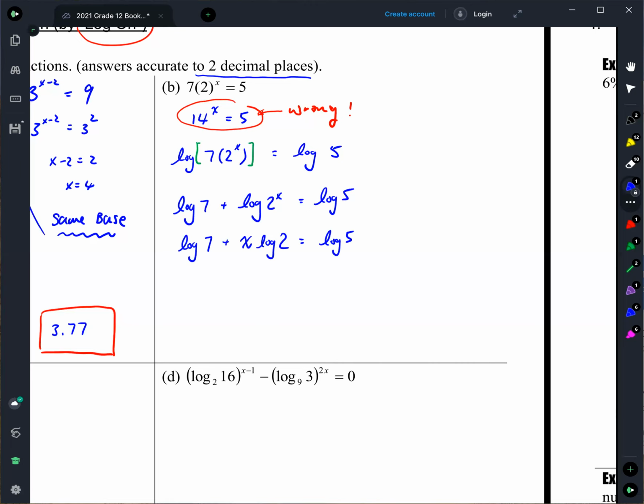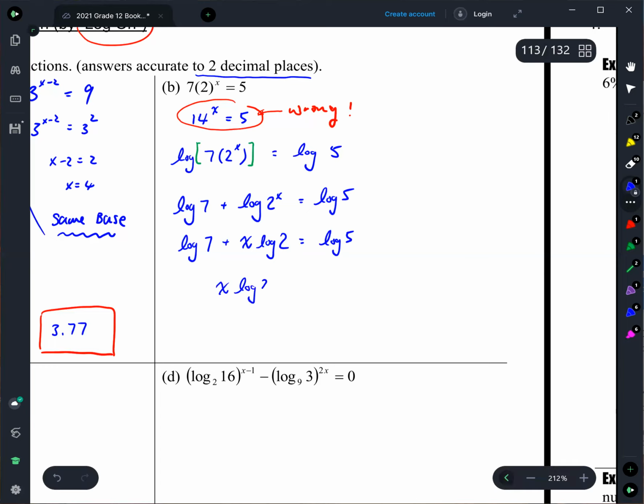Okay, once the x is down, then it's easy to isolate. Okay, Susan, what do we do next? Minus log 7 on both sides. Yep, so we get x log 2 equal to log 5 minus log 7.